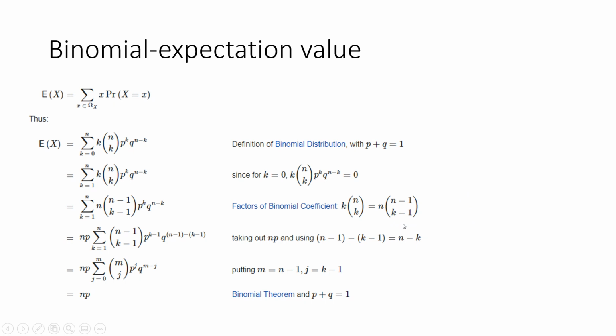This is very important. We will keep using this. So you combine these two into this, and pull out np. Then it becomes the sum of n minus 1 choose k minus 1, p to the k minus 1, q to the n minus k, and these terms combine into (p plus q) to the n minus 1. So it becomes np. So E[X] is np.